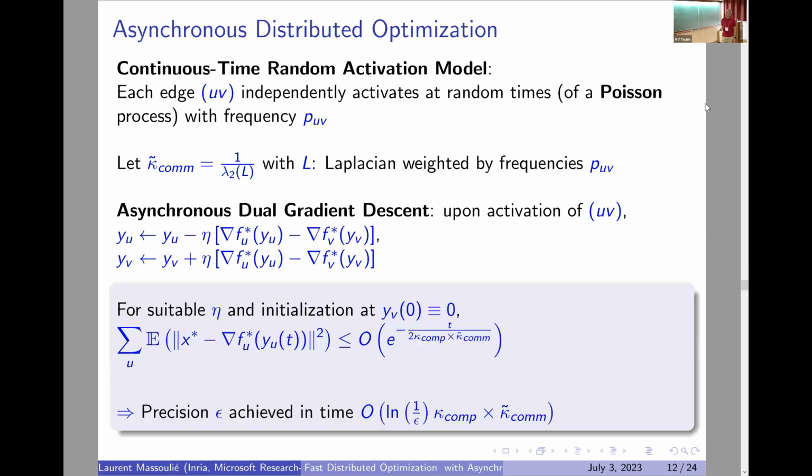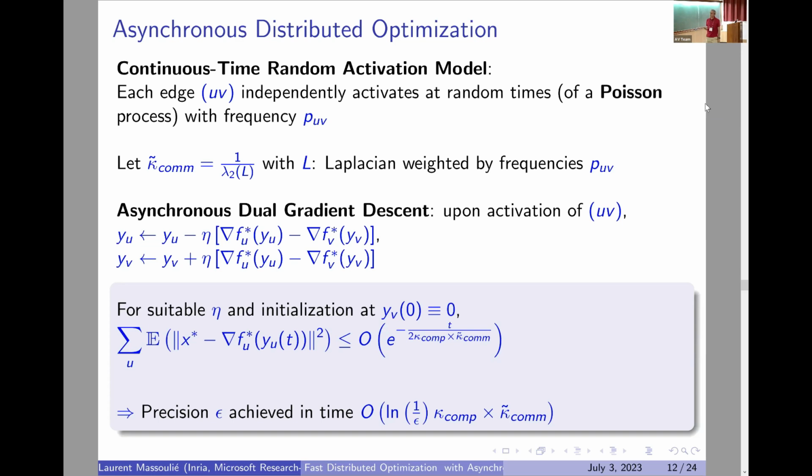Okay, so what we can show in that case is a guarantee with, so that's if you like the asynchronous version of a first order gradient descent. So we can show there is exponential convergence with a characteristic time that behaves like kappa comp again times kappa tilde comp. Okay.